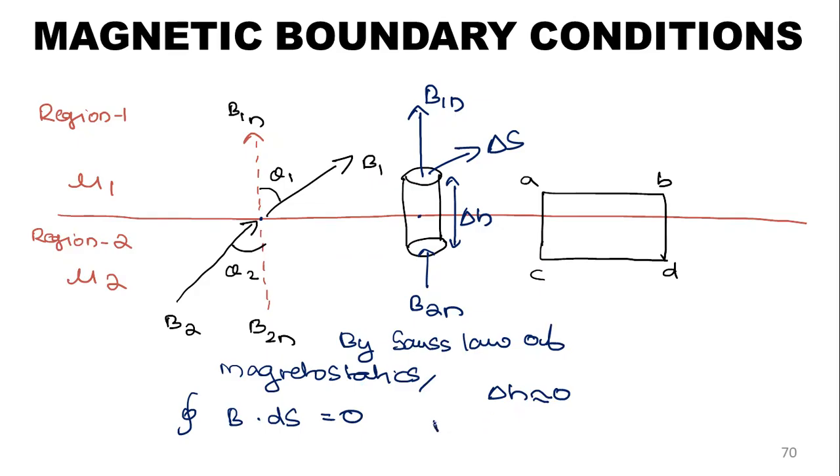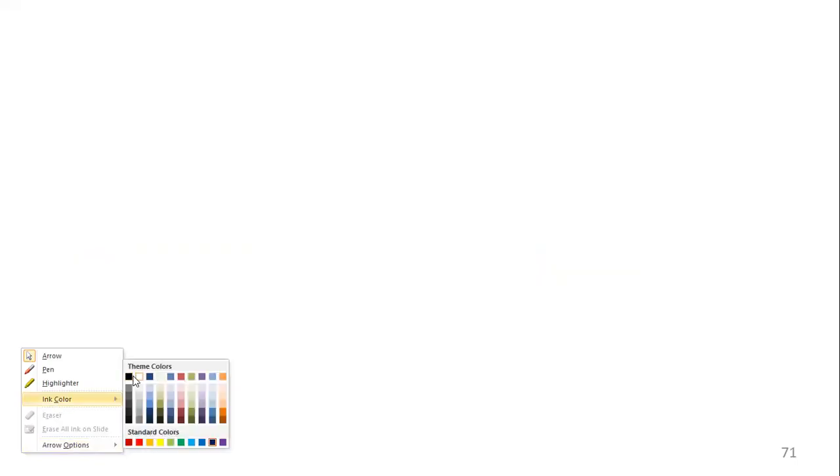Then we can write B1n into delta S minus B2n into delta S is equal to 0. B dot dS is the flux, so the flux coming out is B1n into delta S minus B2n into delta S equal to 0. The derivation is very simple, but you should still draw all these diagrams and write it if it comes as a 5 to 8 mark question.